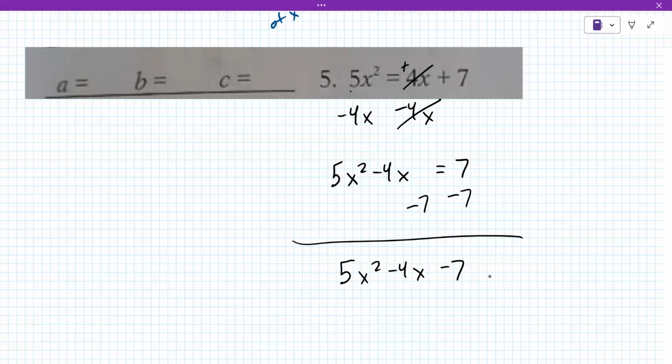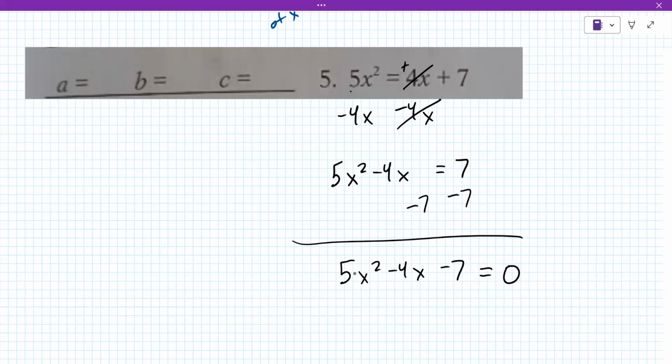And then I would assume we would do the same thing for 5x squared. Well, no, 5x squared is already on the left. Everything's now on one side. Equals 0.